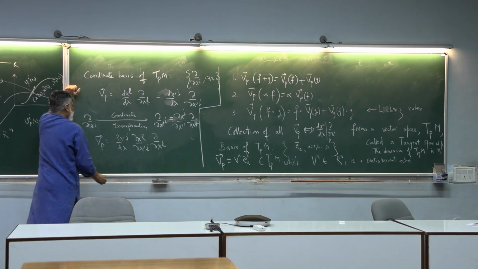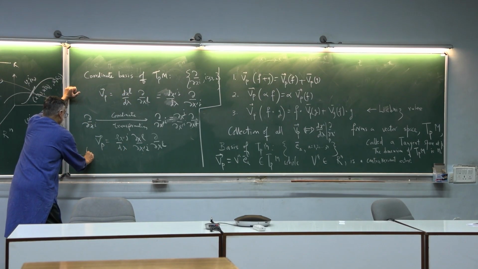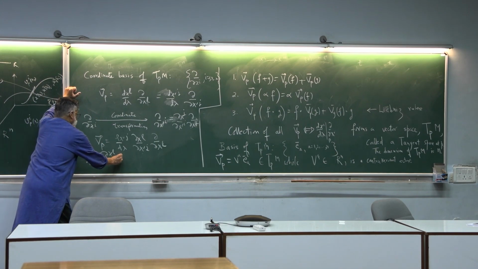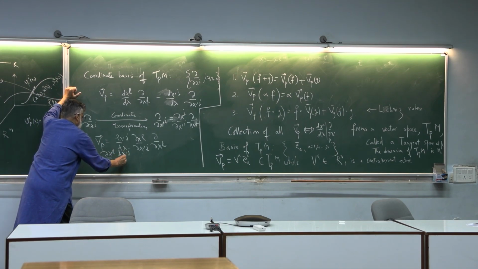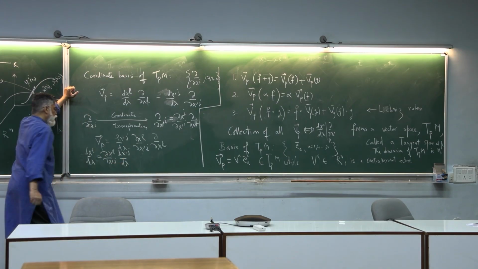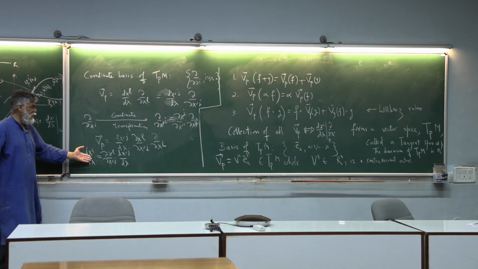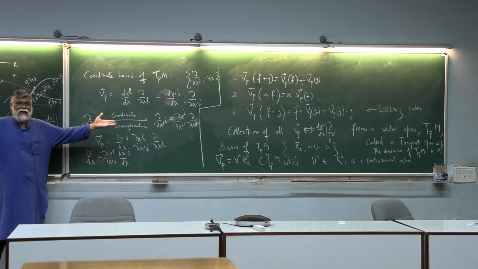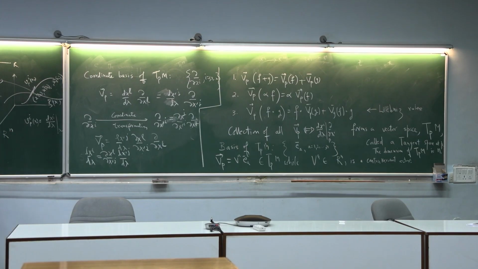So in other words, we have derived that dx^l by d lambda is simply equal to del x^l by del x prime j into dx prime j by d lambda. And as you can see, in the traditional learning of GR tensor calculus, dx^l by d lambda transforms like a contravariant vector.